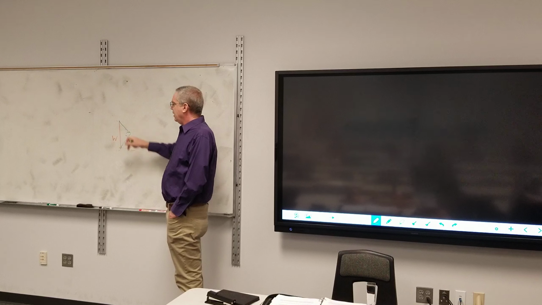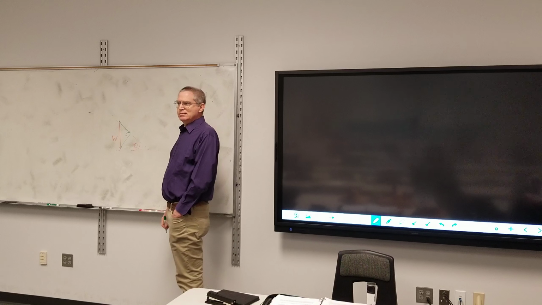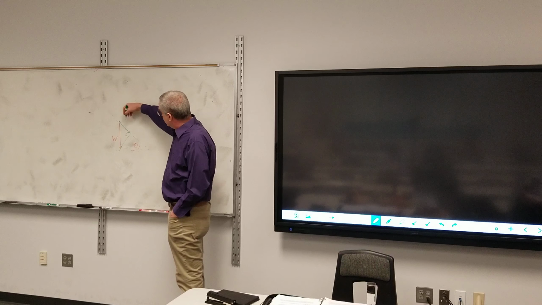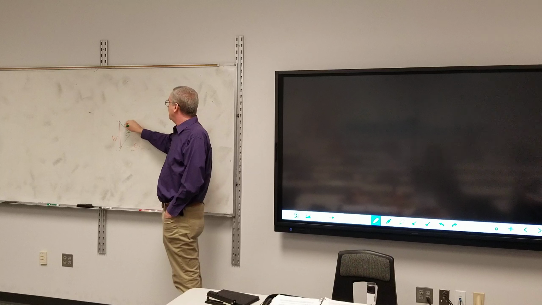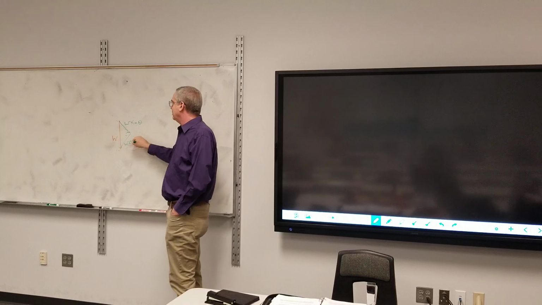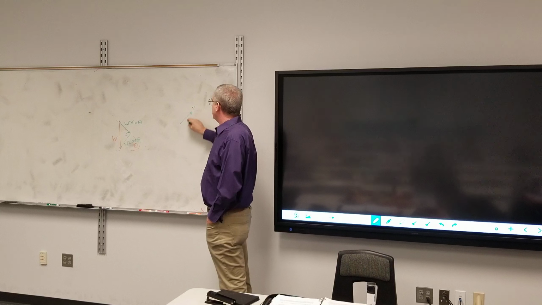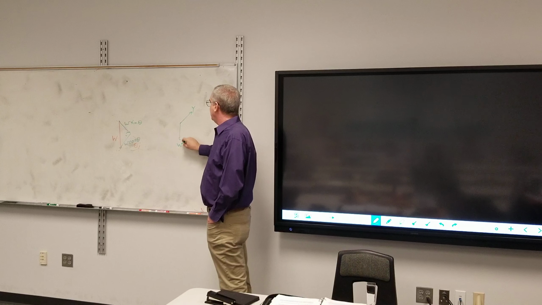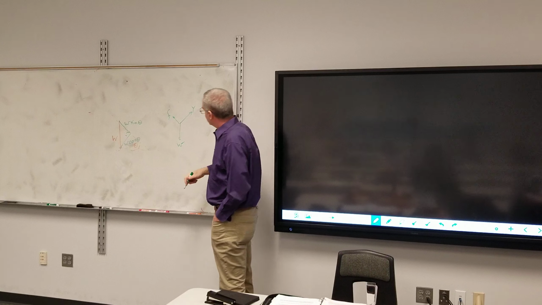What would this one be? This one right here. W sine theta. Okay, so sorry, the other one. So if we did box on ramp, we have normal force going this way, weight going down, friction going back that way.